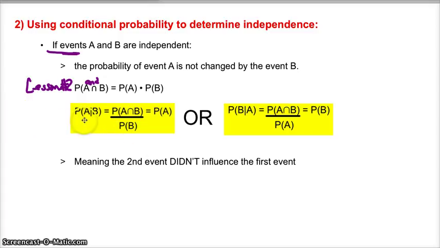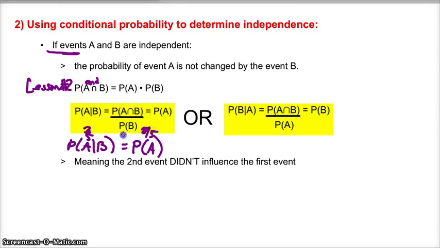If you take the conditional probability, the probability of A given B, and you calculate this probability and it equals the probability of event A, so for instance, you calculate this to be 3/5, and then you calculate this probability to be 3/5.